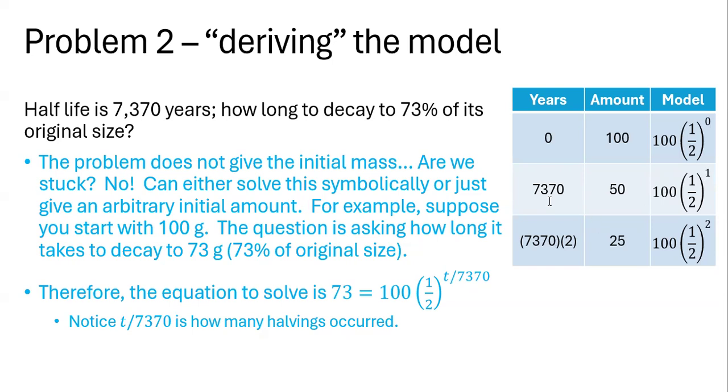After twice this amount, it's 14,740, if I did it in my head correctly, over 7,370, which is 2. That's why we set it up as t over 7370. This is the number of halvings that occur.